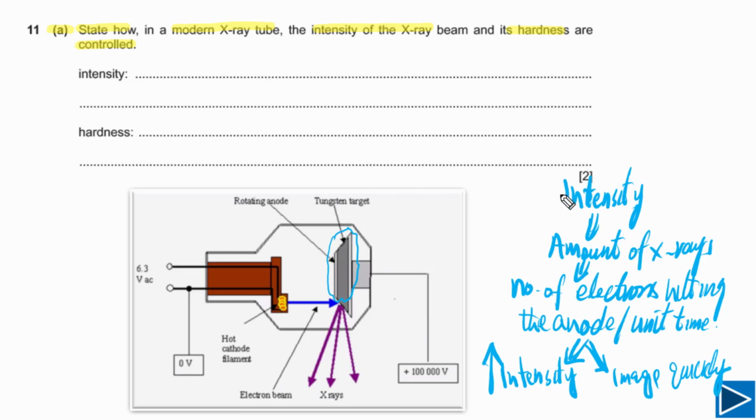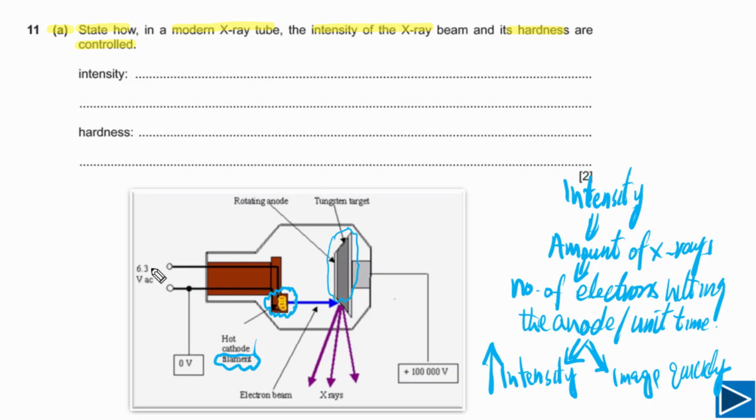The question is asking us how we can control this intensity. As I mentioned, intensity depends on the number of electrons, and the number of electrons depends on this filament. If we heat up this filament more, more electrons will be emitted. In order to emit more electrons, we need to increase the potential difference across the filament.